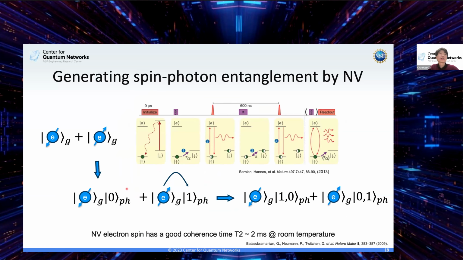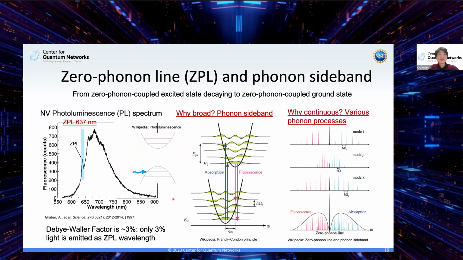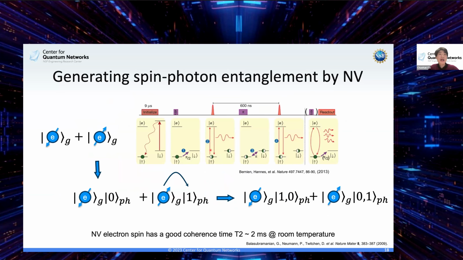This can be seen here by recalling how to generate the spin-photon entanglement with the NV. The first thing, you initialize the spin state into a plus state between these two spin states. And then you let the spin up state go through an excitation and emission round trip, so it emits a photon.